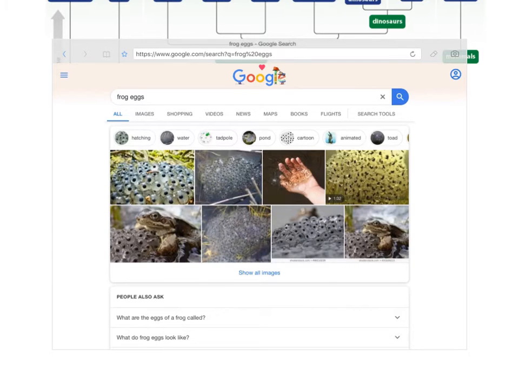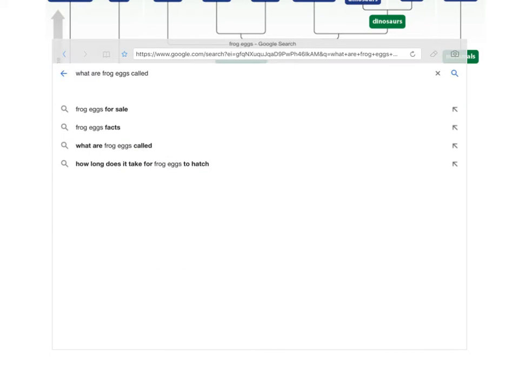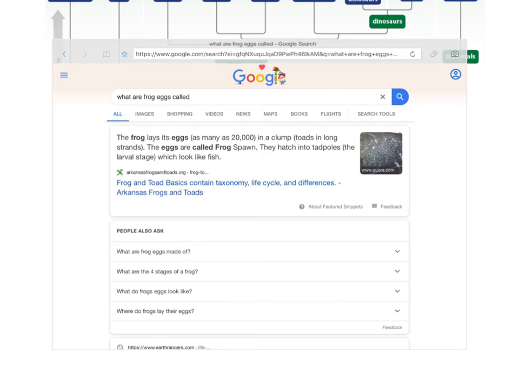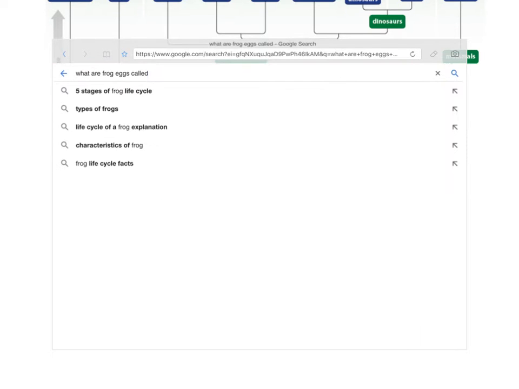So frog eggs, let me see if I can add to this. Nope, frog eggs. And then tadpole. Let's try that again.